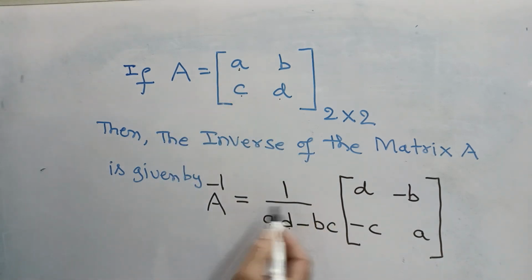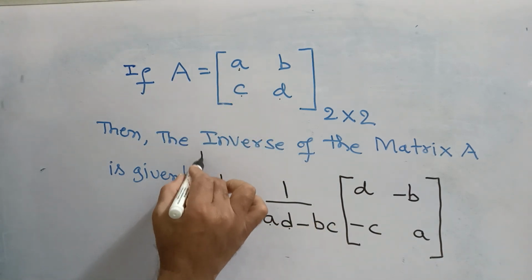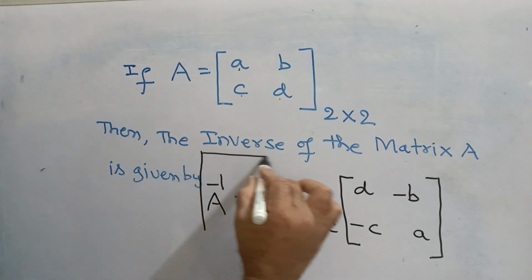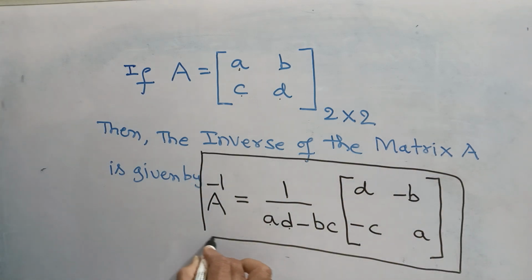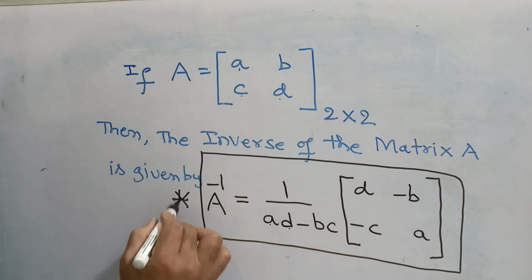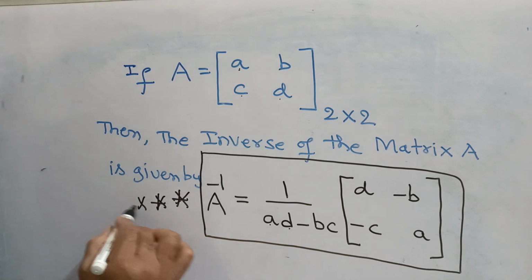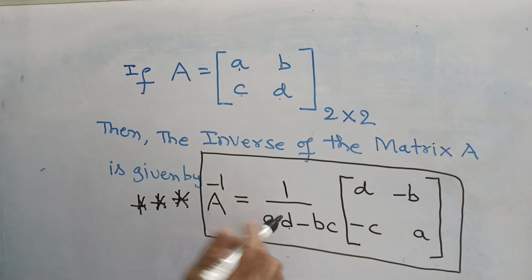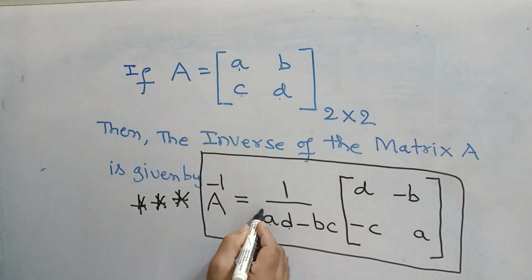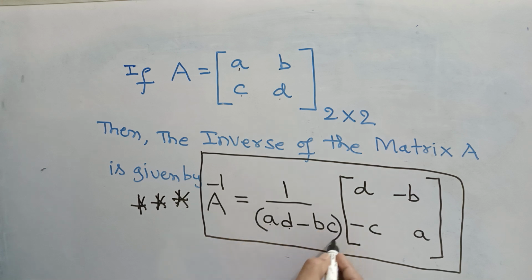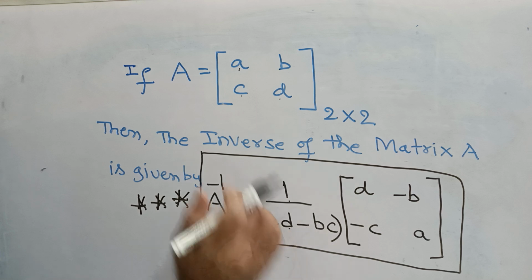You can put this in a bracket. Remember this formula, a very, very important formula to find the inverse of a given matrix. A inverse is equal to 1 by AD minus BC.